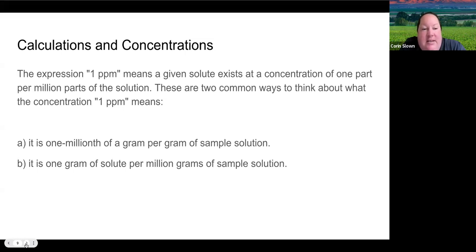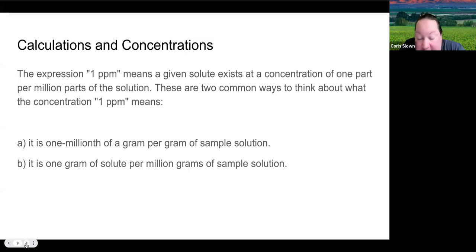You can think of it as 1 millionth of a gram per gram of sample solution, or you can think of it as 1 gram of solute per million grams of sample solution. Now, here's why I want you to take a moment and decide which of these ways of thinking about this is the best fit for you.